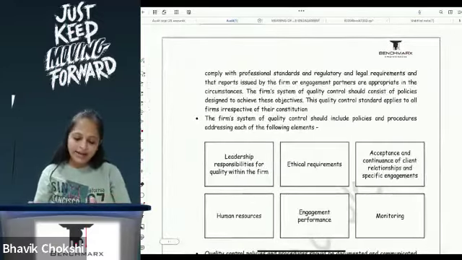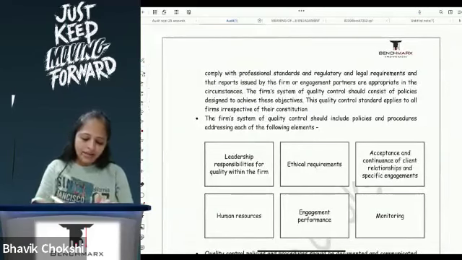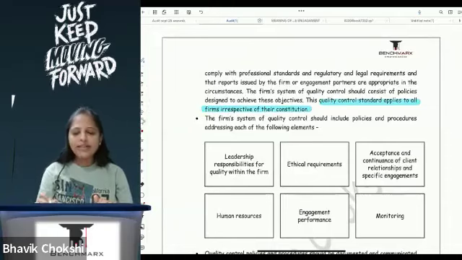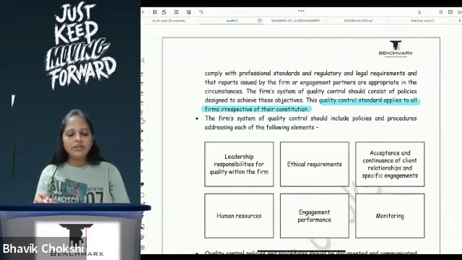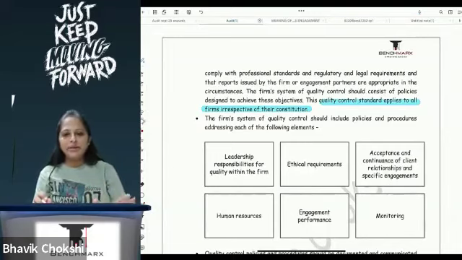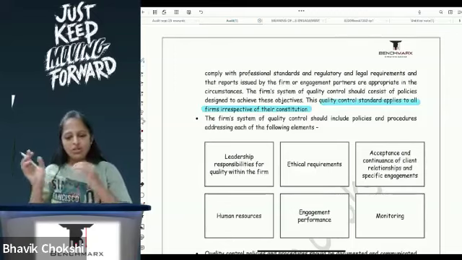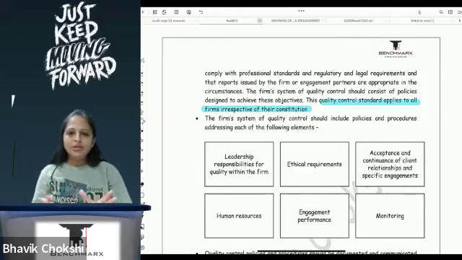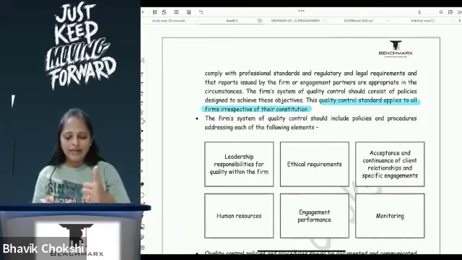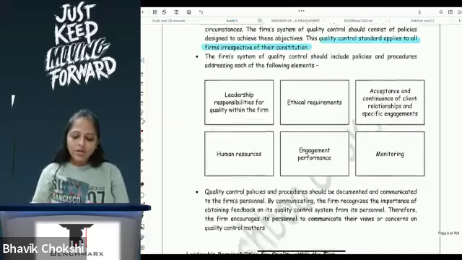So it is saying that it applies to all firms irrespective of the constitution, whether you are 1 partner, you are 100 partners, you are 20 partners, doesn't matter. If you are a firm who is doing any kind of auditing work or assurance work or prospective financial information related services and you are associated with ICAI, then this is the quality control you will have to maintain.